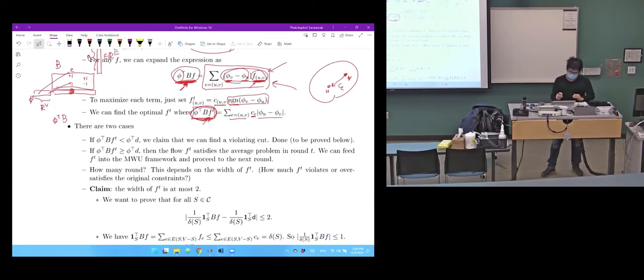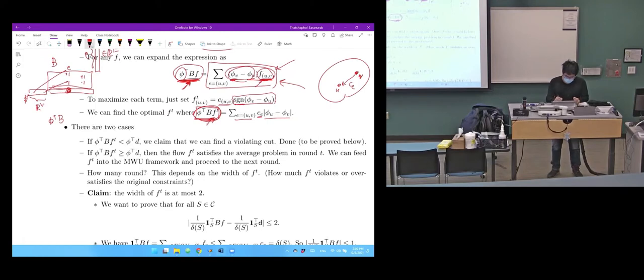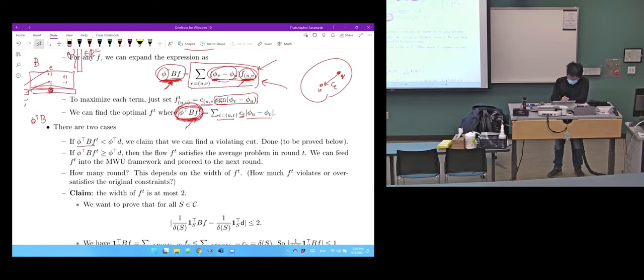Okay. So now we solve the problem of finding F that maximizes this thing. And after you maximize this term, I'm going to show soon that even after you maximize this, if it is still less than this thing, you're going to get a violating cut and you would be done.